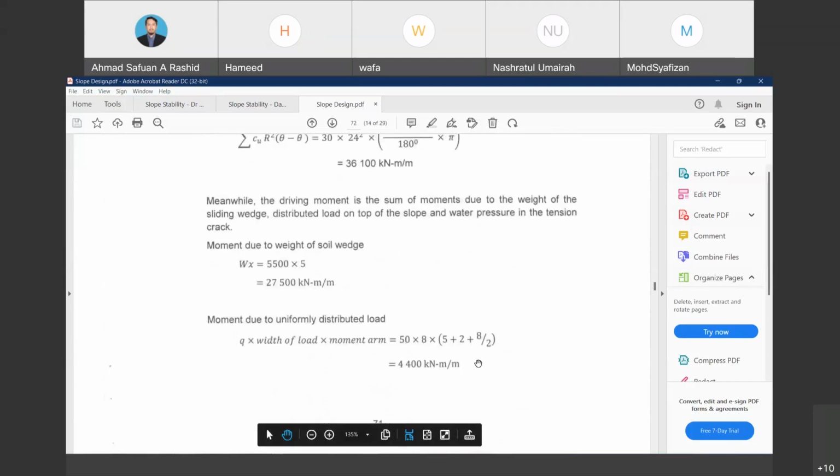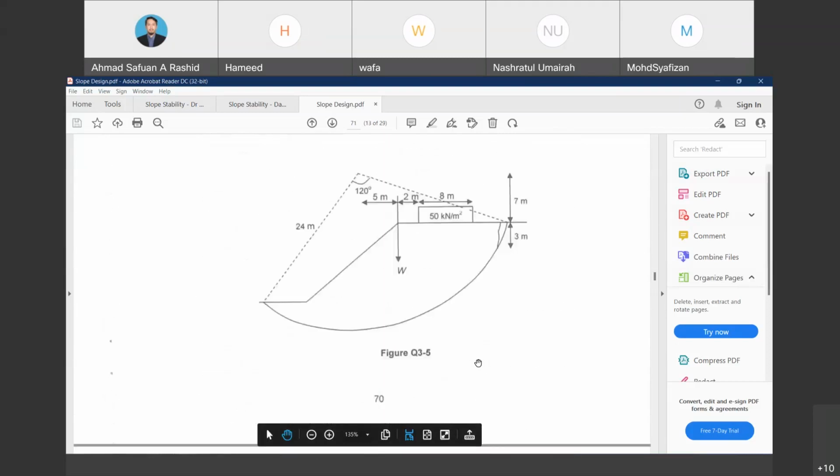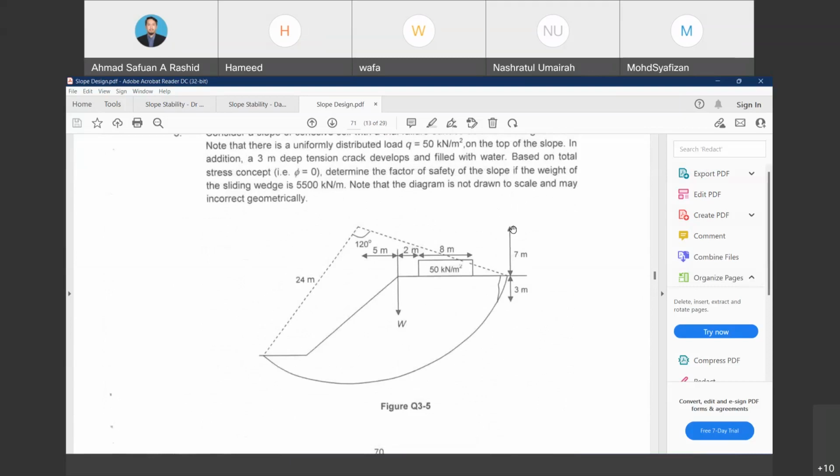And then we need to get the moment arm. For this case, 7 is the distance from the origin to the top of the slope surface. Then from 3 meters, because the tension crack is filled full with water, we need to use 2/3 times 3 to get the moment arm from the surface to the tension crack.